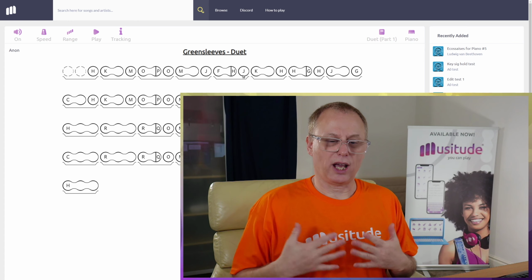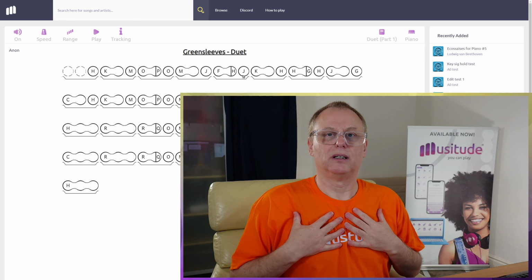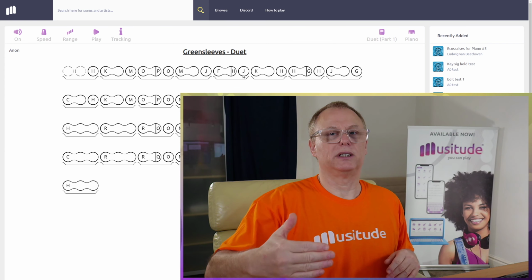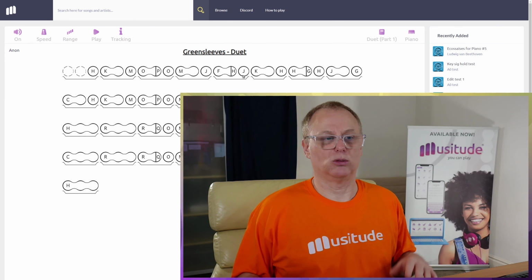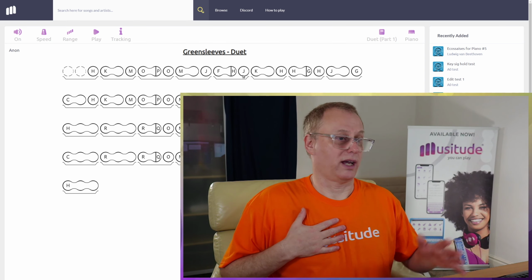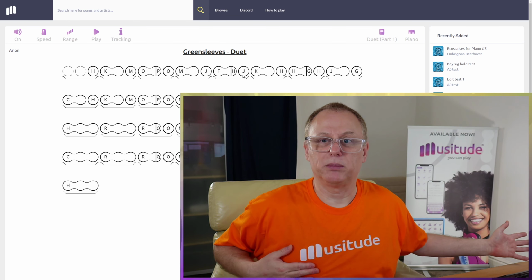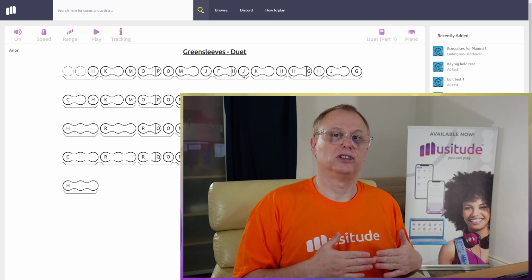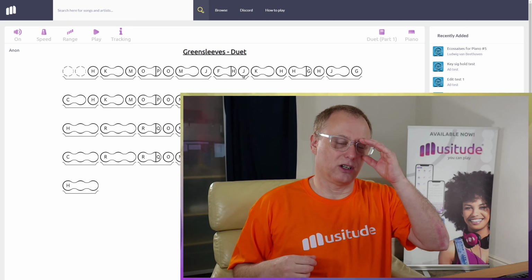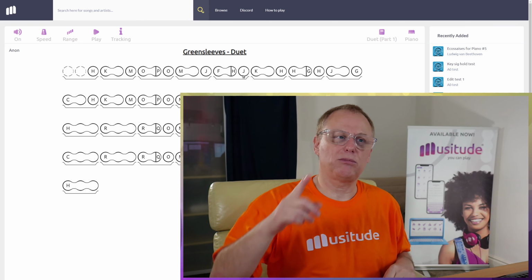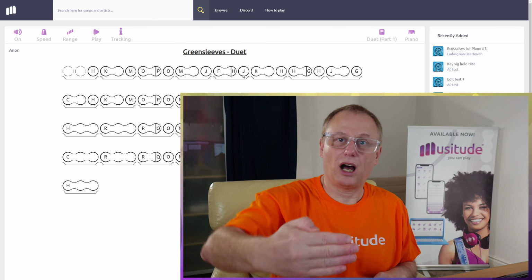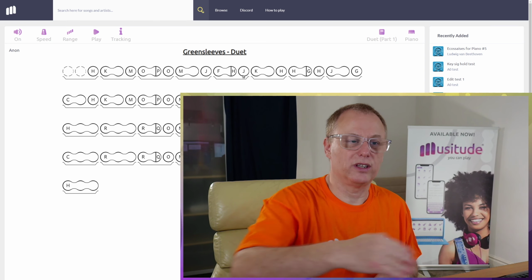So in the same way, 87.3% of all people are not musicians when it comes to traditional Western instruments and notation. But actually, even before they try Musitude, they are musicians with this.